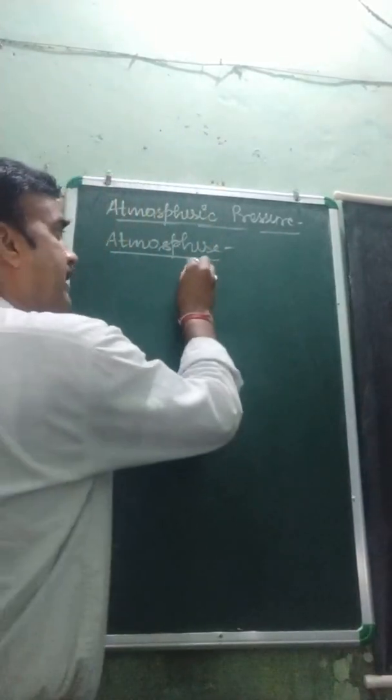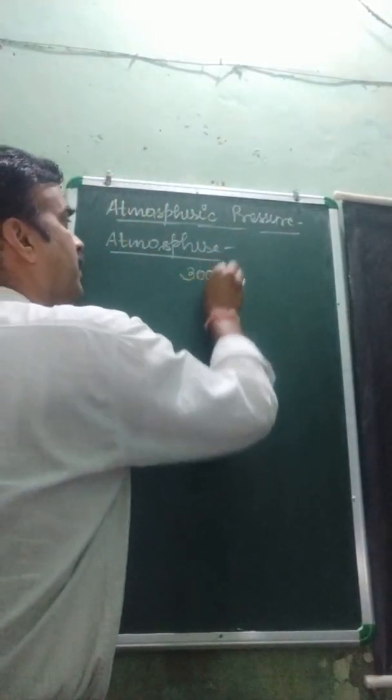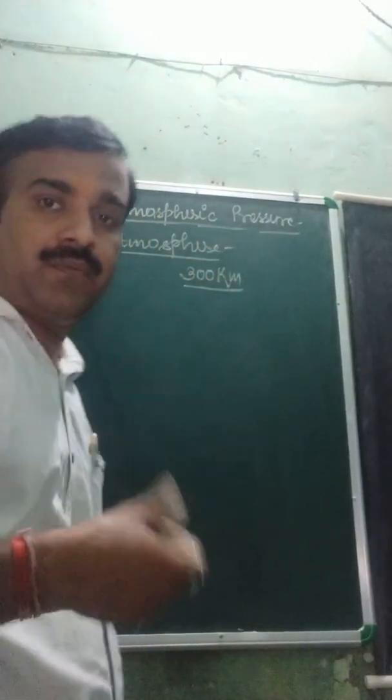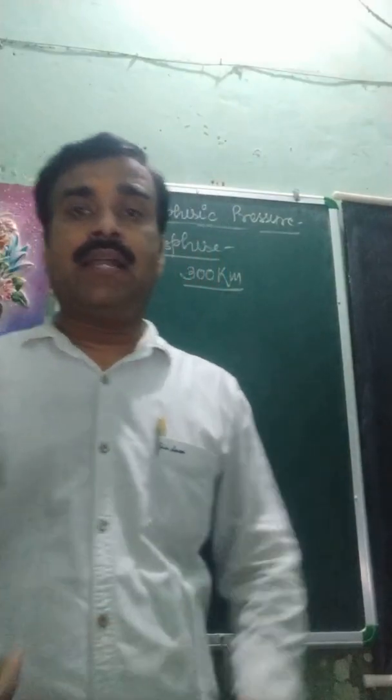Above the earth's surface there are a number of layers, and the approximate height of the atmosphere is around 300 kilometer.